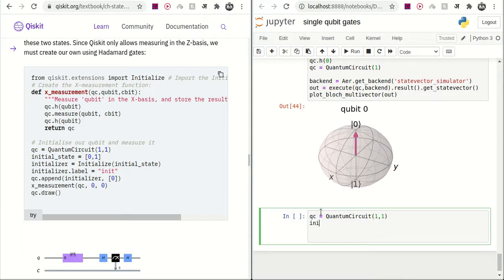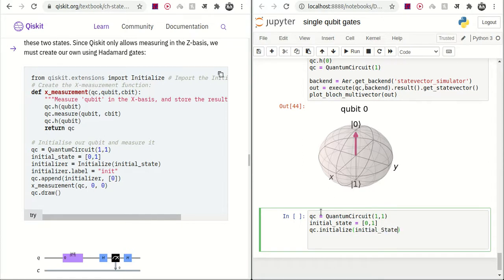The initial state starts from 0, 1, and we initialize with qc.initialize the initial state.